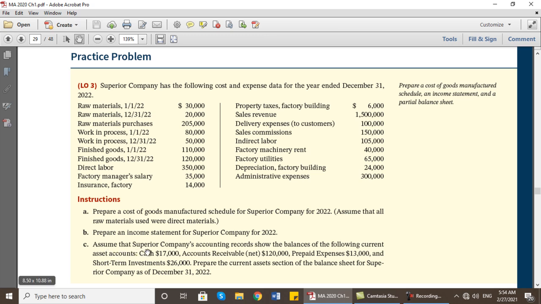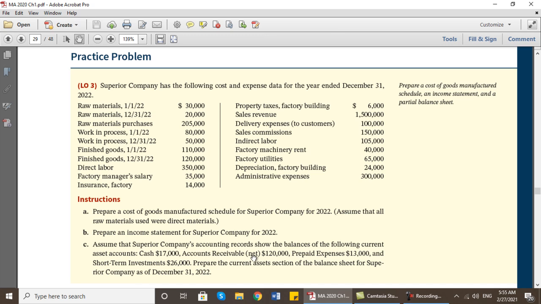C. Assume that the company accounting records show the balances of the following current assets: cash, accounts receivable, net. You know, accounts receivable net means accounts receivable less allowance for doubtful accounts.